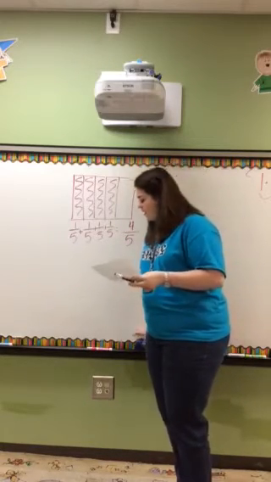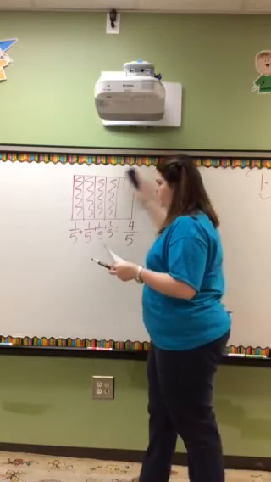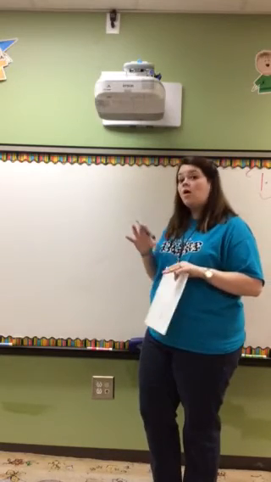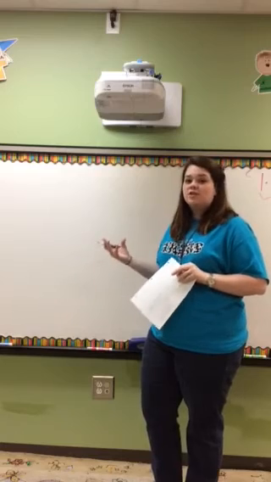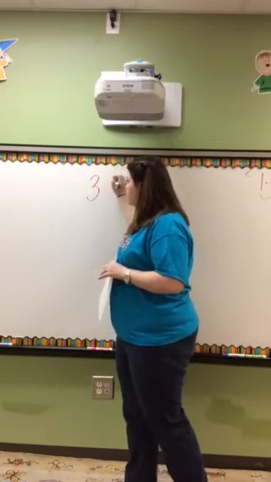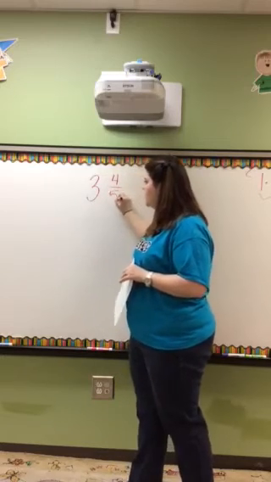All right, and the last question on this side of the worksheet, and where I'm going to stop this first part of the video, is how do you add mixed numbers? Well, you have to know what a mixed number is. A mixed number is a whole number with a fraction attached to it. For example, I could say 3 4/5.